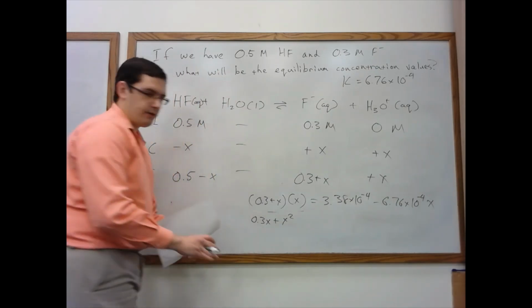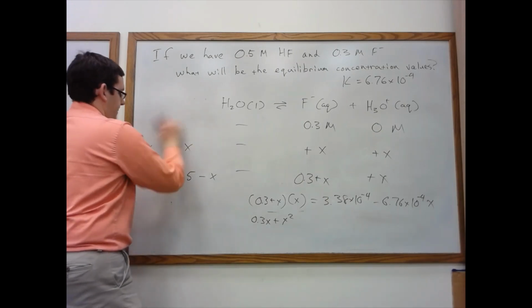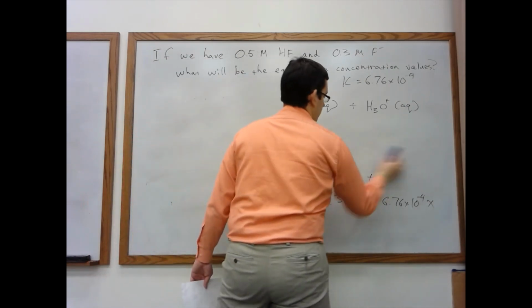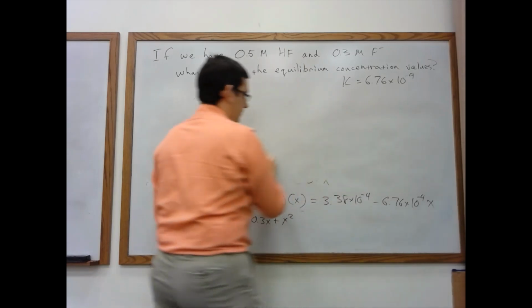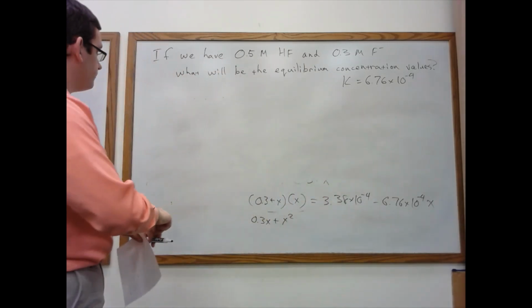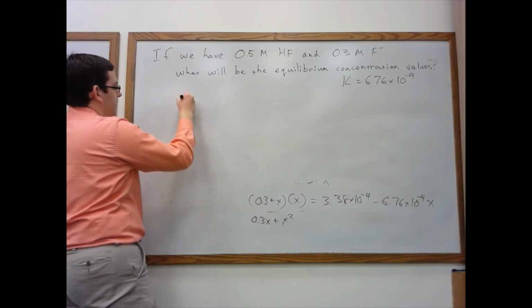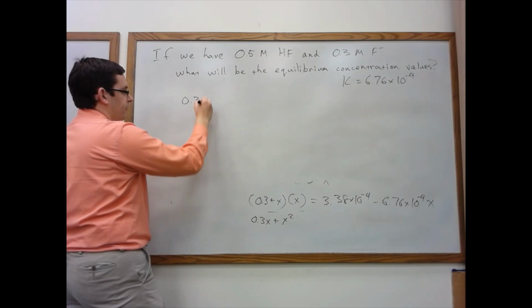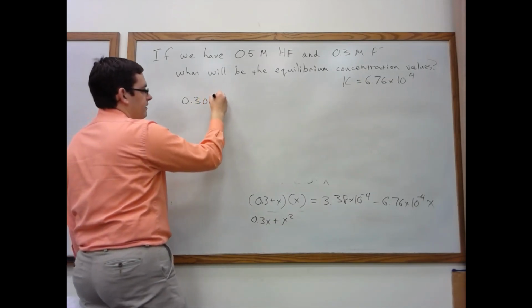So our new equation, after we rearrange, so 0.3 plus the 6.76 times 10 to the negative fourth, so 0.3007x, just rounding it up.